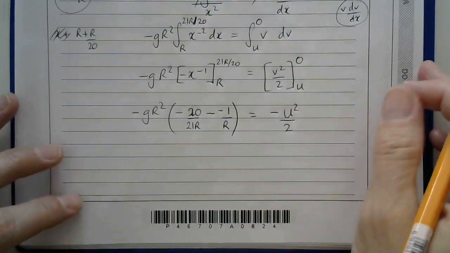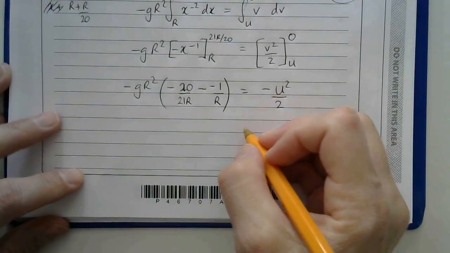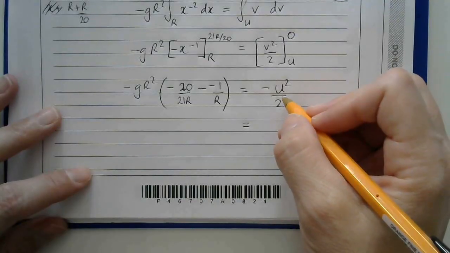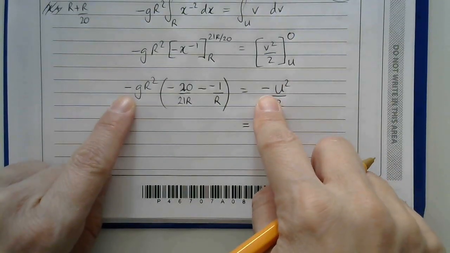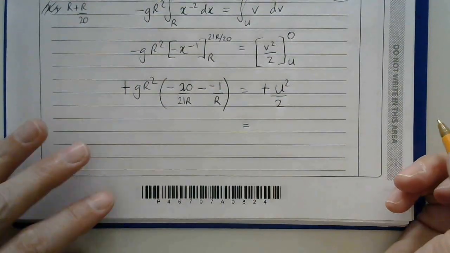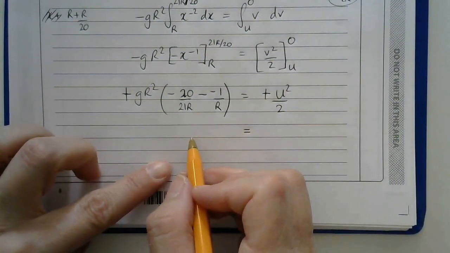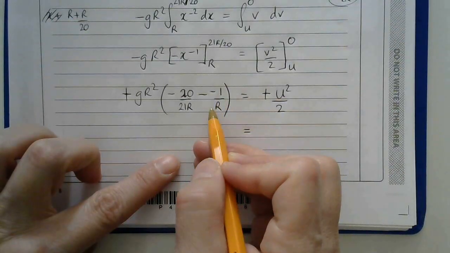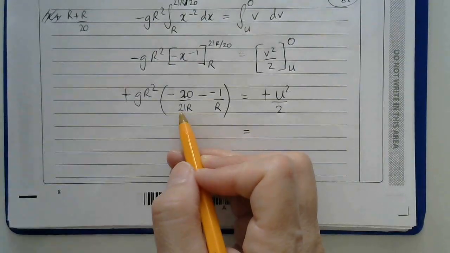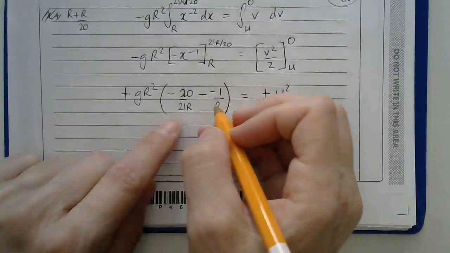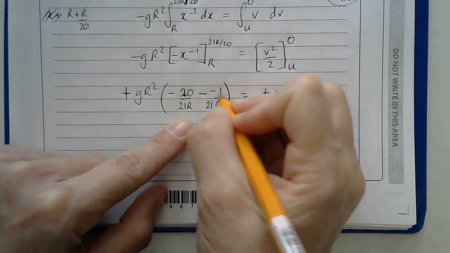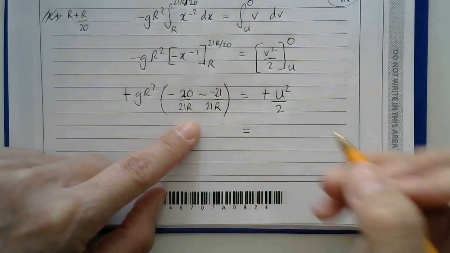Now I've got negatives on both sides, so I can multiply both sides by negative 1. Here I've got 1 over r, which is positive, take away 20 over 21r. If I multiply the top and bottom of the first fraction by 21, that will make it easier.